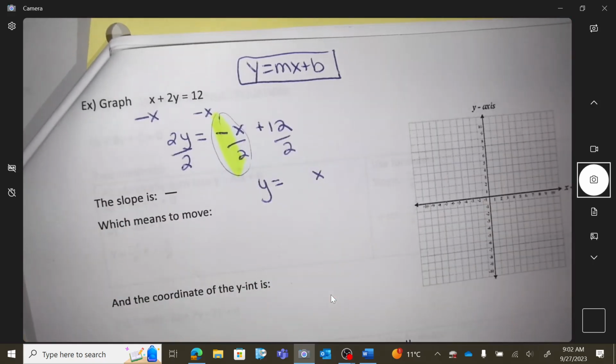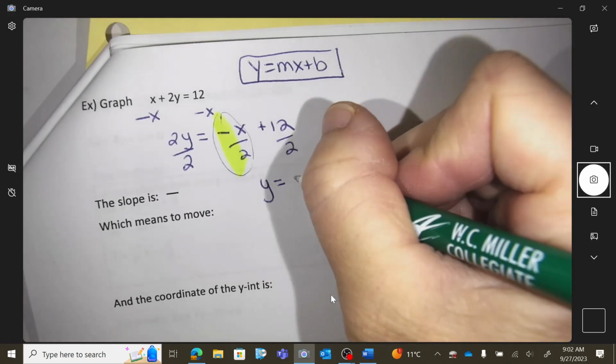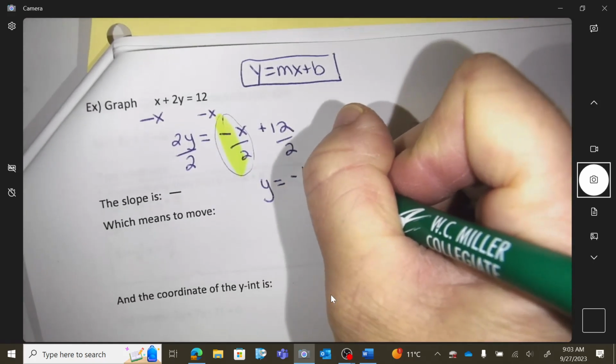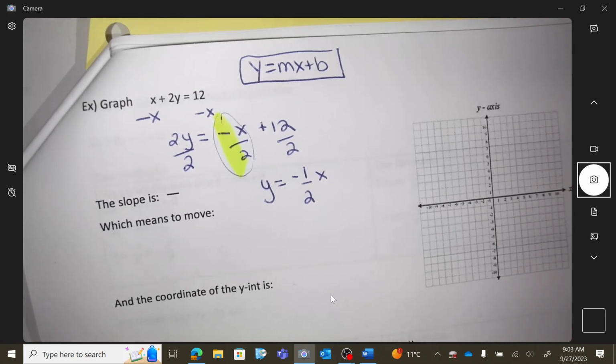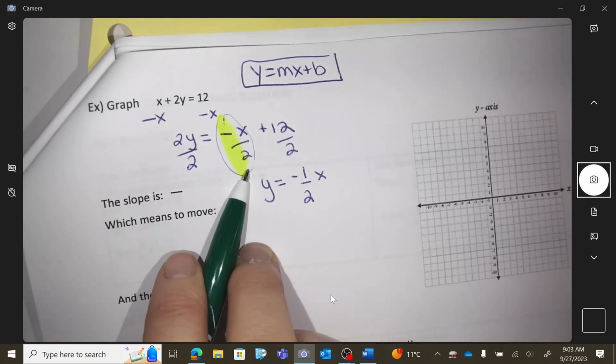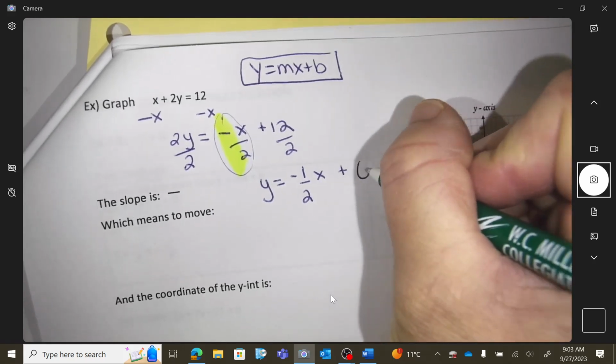What would I write as a fraction number? Do you think negative a half? Would that make sense? Negative over 2, so negative a half, and then plus 6.